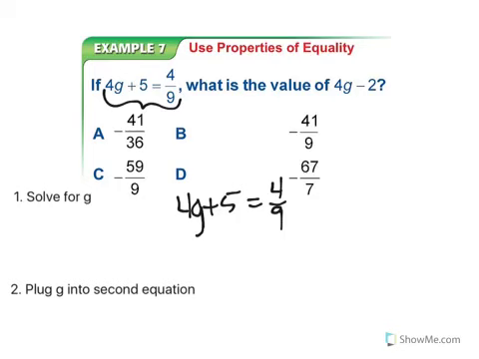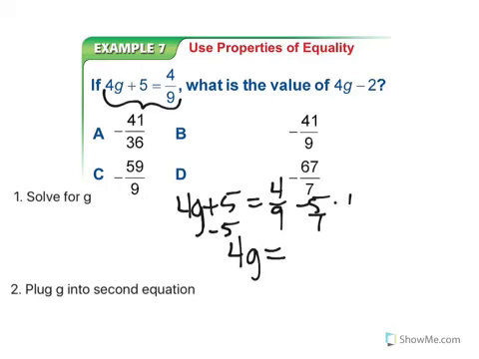Okay. Alright, so the first thing we need to do is get rid of this positive 5 by subtracting 5 from both sides. And we get 4g is equal to, and here we need a common denominator. We can write negative 5 as negative 5 over 1, and we see that we need a 9 on both denominators.